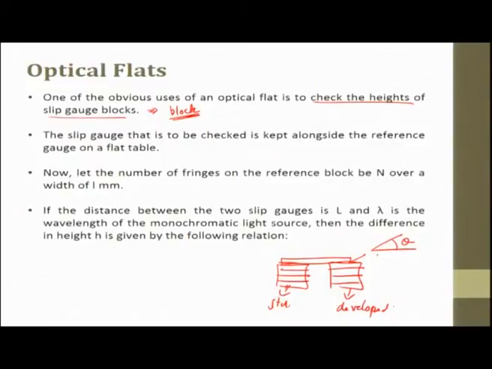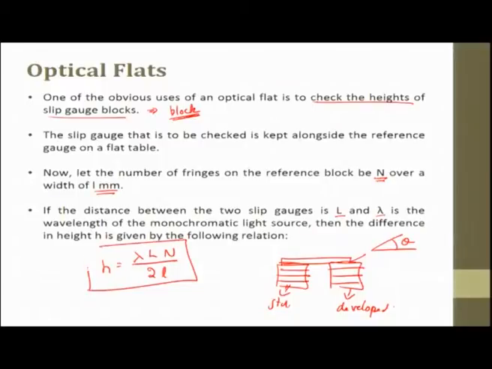The slip gauge that is to be checked is kept alongside the reference gauge on a flat table. Now, let the fringes of the reference block be n over the width of 1 millimeter. If the distance between the two slip gauges is L and lambda is the wavelength of the monochromatic source of light, then the difference in height can be determined with the following relationship: h equals lambda n L by 2.